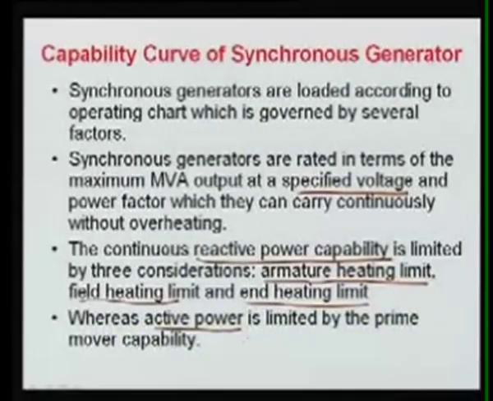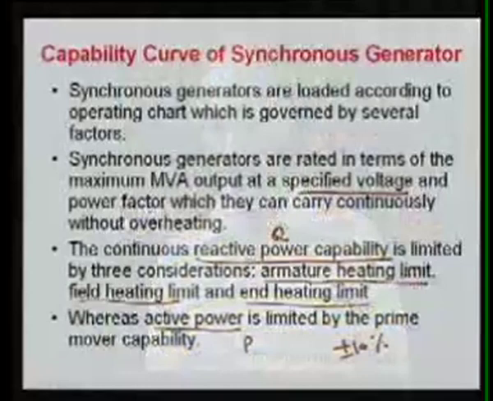The active power is P, and this is your reactive power Q. The active power is limited by the prime mover capability. Normally the overloading capability of turbines is very limited, as this is a mechanical device. If you go for more overload capability of the turbine, the cost of the turbine is very high. So the turbine capability is normally not more than plus minus 10% of its rating.